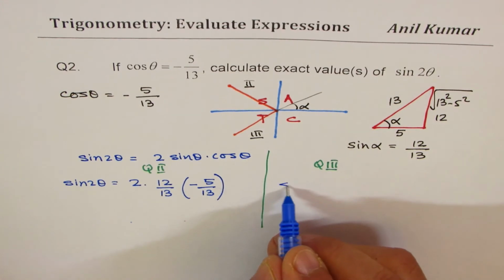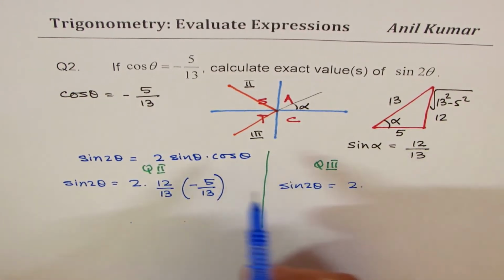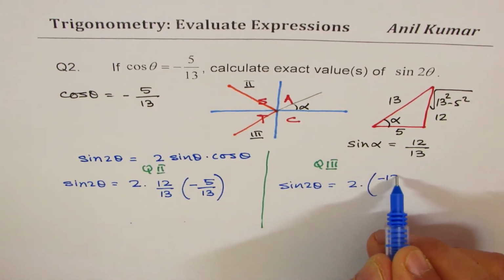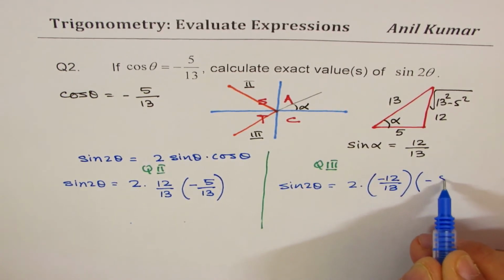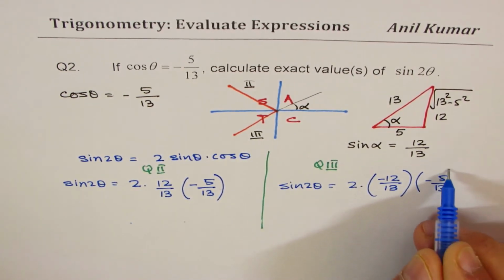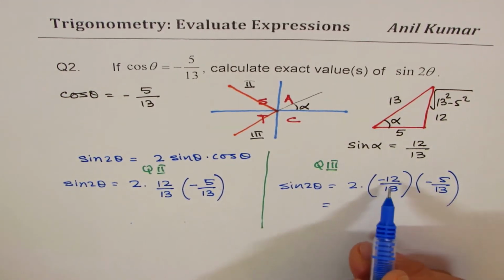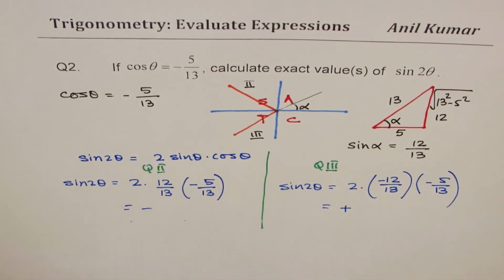In quadrant 3, sine 2 theta will be equal to 2 times, and in quadrant 3 sine is also negative, so we'll take the negative value, negative 12 over 13 times negative 5 over 13. Does that make sense? So here we get a positive answer, and in quadrant 2 we get a negative answer.